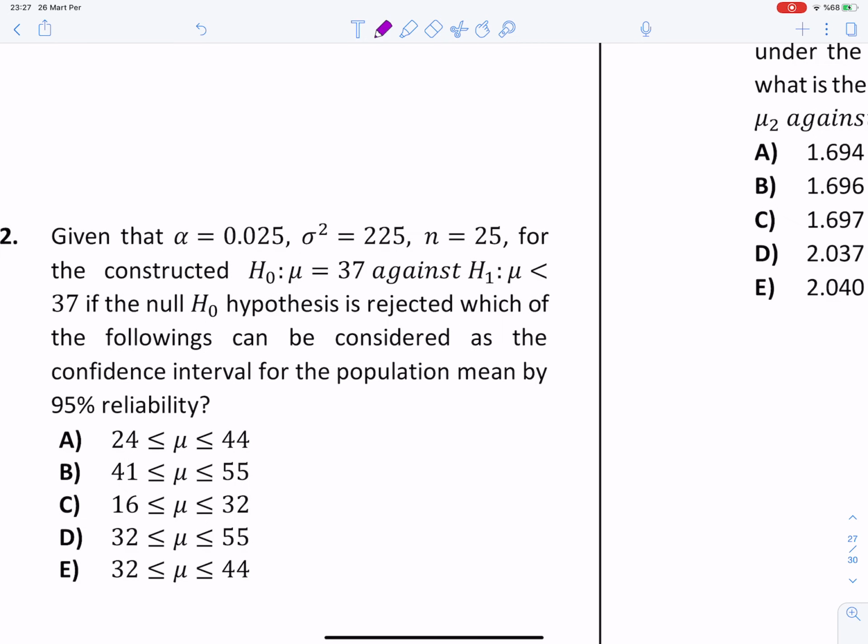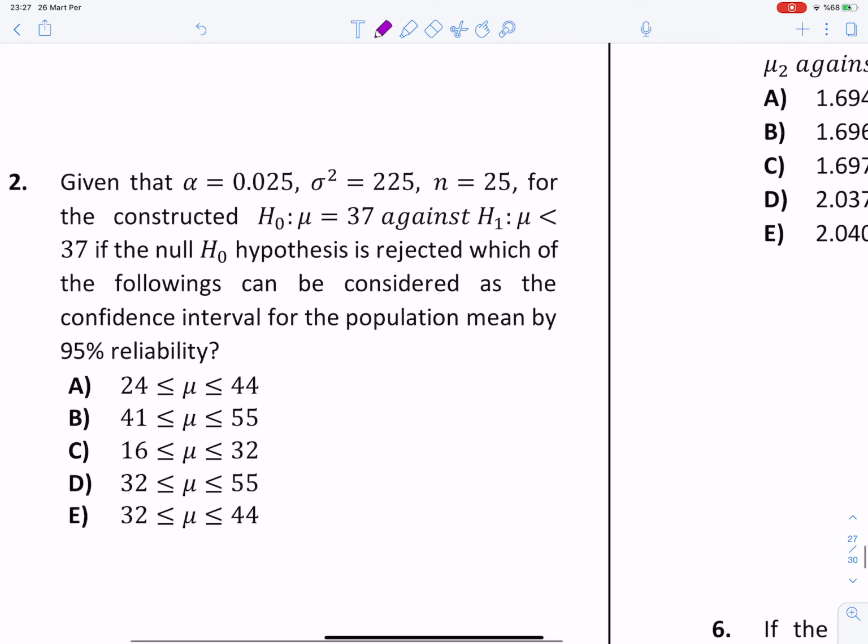Given that alpha level equals 0.025, the sigma square is 225, the sample size is 25. For the constructed null hypothesis mu equals 37, against the alternative mu less than 37, if the null hypothesis is rejected, which of the followings can be considered as the confidence interval for the population mean by 95% reliability?